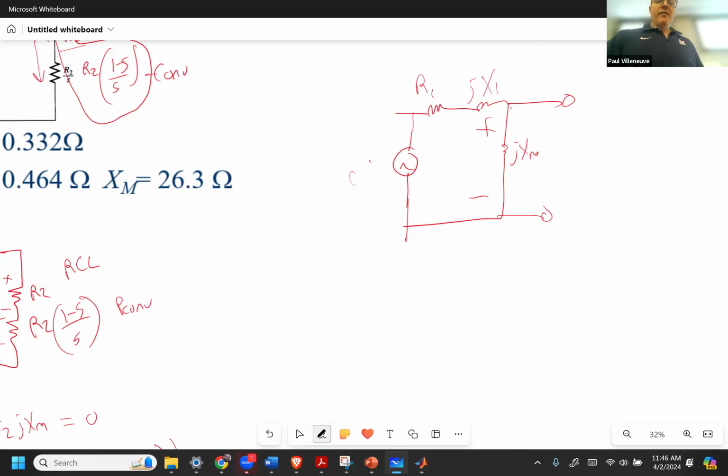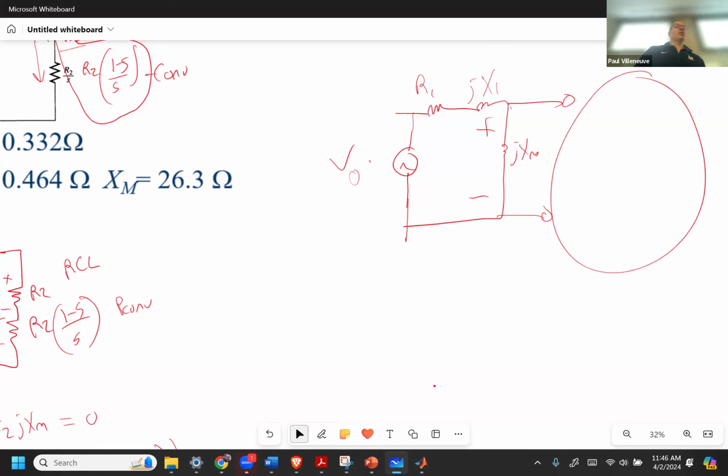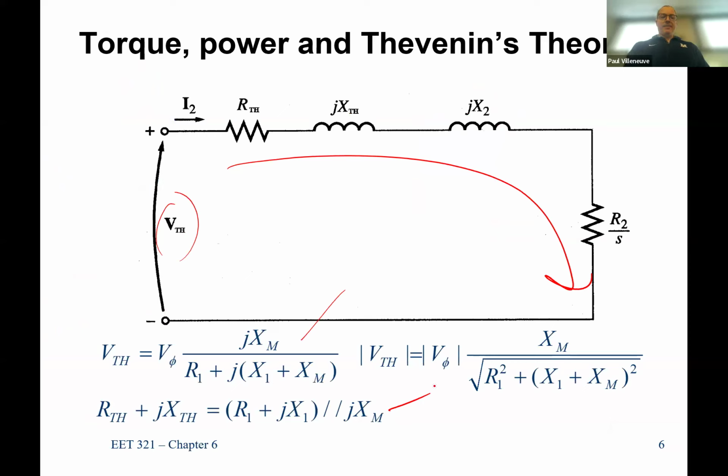V applied, or V, whatever the source voltage is, because it's a series circuit. Remember, it's equivalent, so I don't care what's happening over here. I'm just looking at the Thevenin equivalent. So I have JXM over the series combination of all 3 of those times my voltage. That's what I have here.